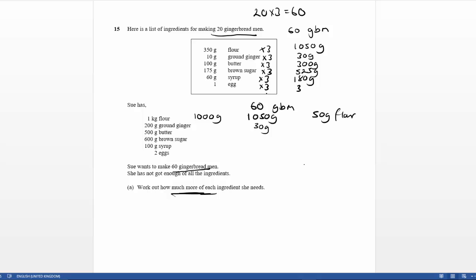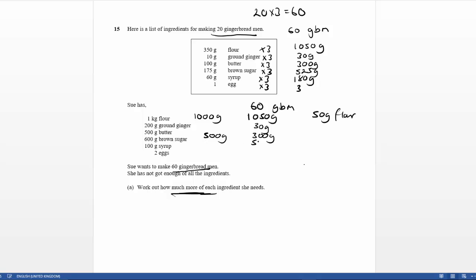Let's go to butter. We need 300 grams of butter. At the moment we have 500 grams of butter, so we have enough of that as well. Brown sugar. We have 600 grams of brown sugar.